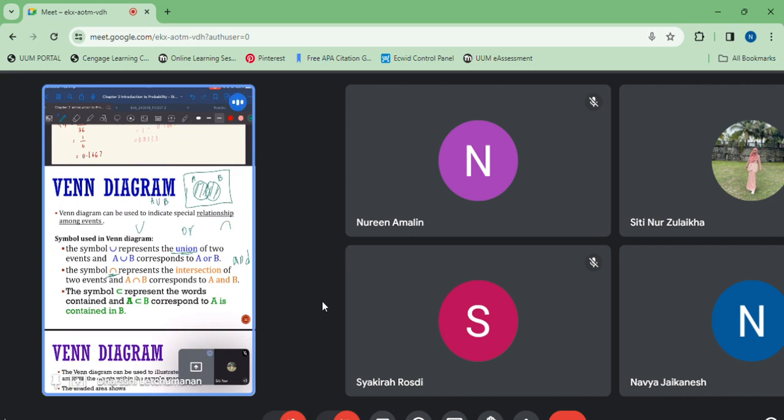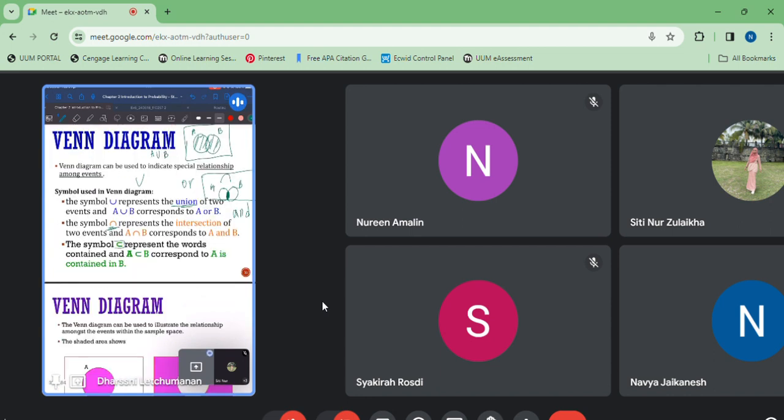And when it comes to intersection, it's ∩. So it will look like this: A, B. Find the probability of A and B. This thing in the middle here, because it intersects. And last time, if you remember, we used to learn this as subset. A subset B, as in this is B, and then A will be inside.